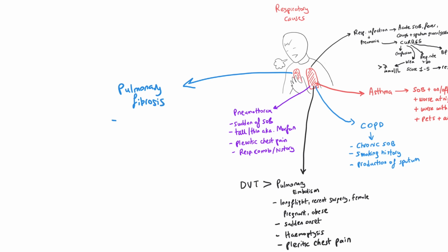This is generally progressive, a progressive long-term shortness of breath, which is generally managed by a respiratory team, because it's something you wouldn't manage as a PA at any point really.